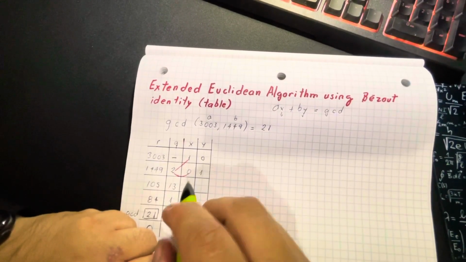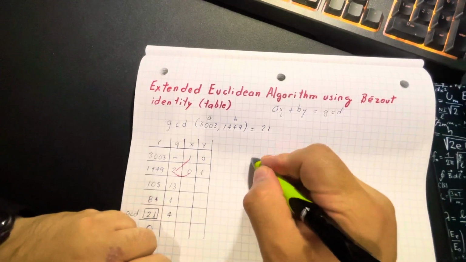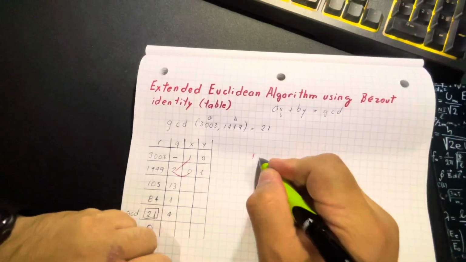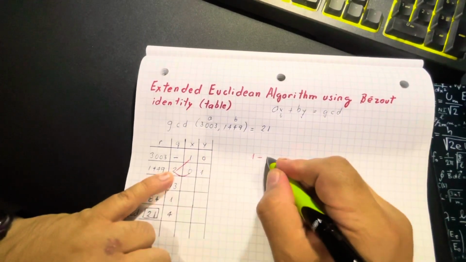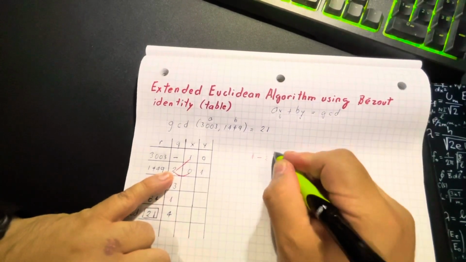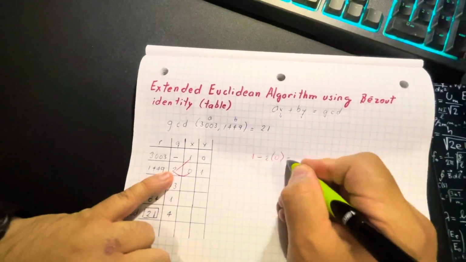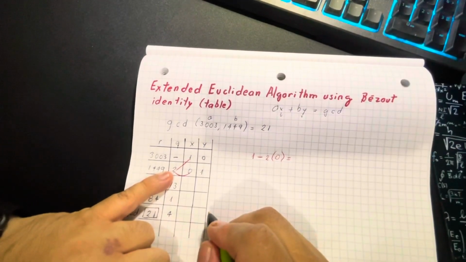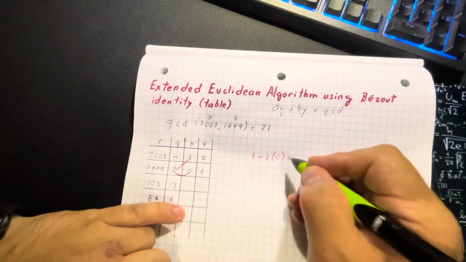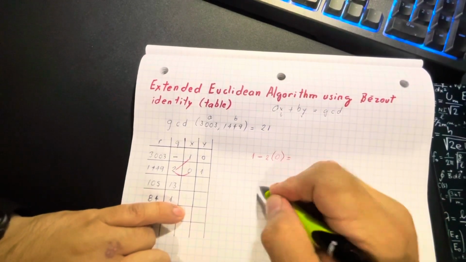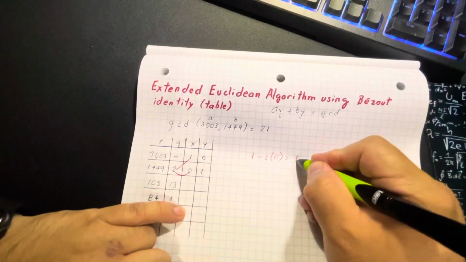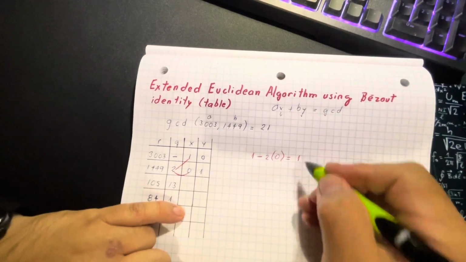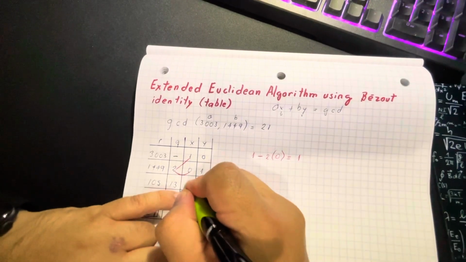So right here it's gonna be 1 minus, you multiply these two, 2 times 0, and 2 times 0 is 0, right? You have 1, it's gonna be 1, right? This one over here, you put it over here, you see?